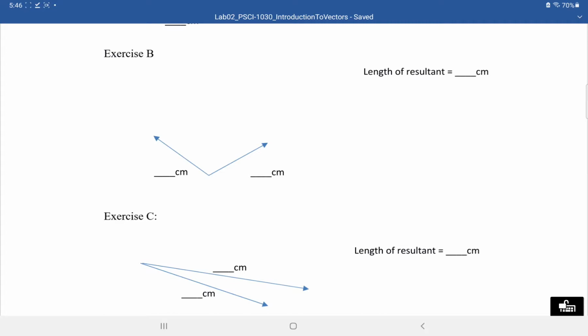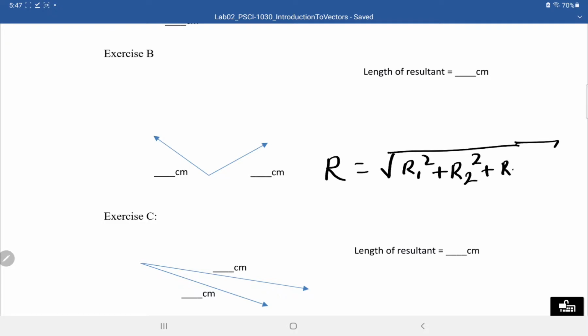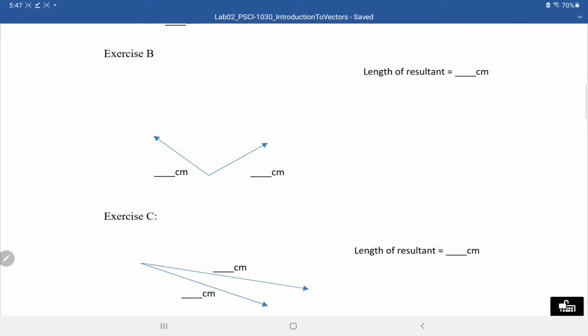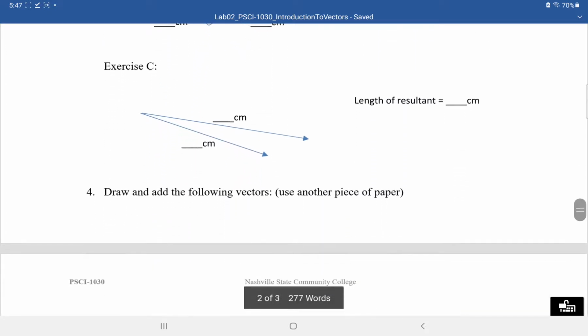So again I will repeat: R, the resultant of the two vectors R1 and R2, is R squared equals R1 squared plus R2 squared plus 2 R1 R2 cos theta. This was the formula, right? The same approach can be applied for exercise B and exercise C.